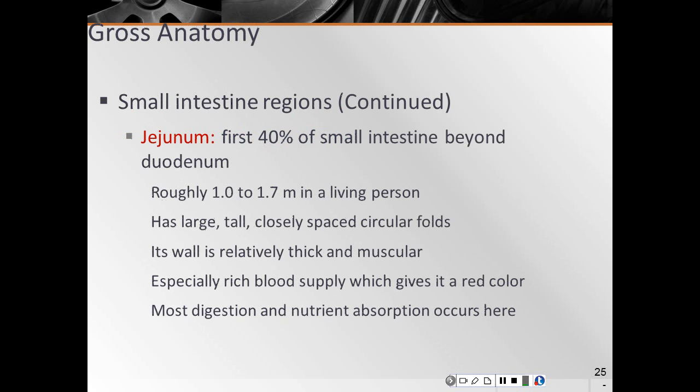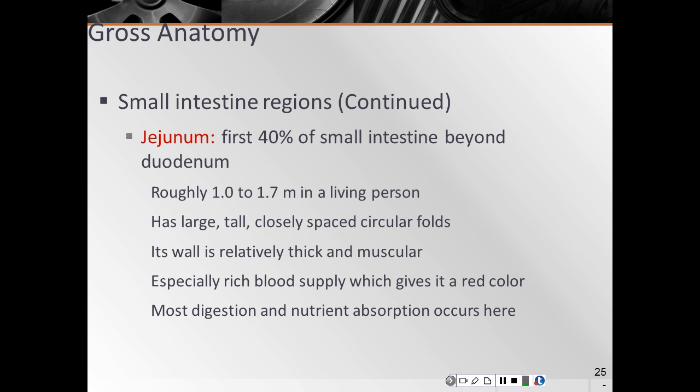Alright, so now the jejunum is the first 40% of the small intestine beyond the duodenum. Now, its name refers to the fact that early anatomists typically found it to be empty. It begins in the upper left quadrant of the abdomen, but lies mostly within the umbilical region.